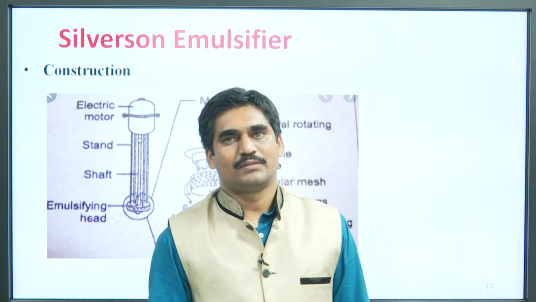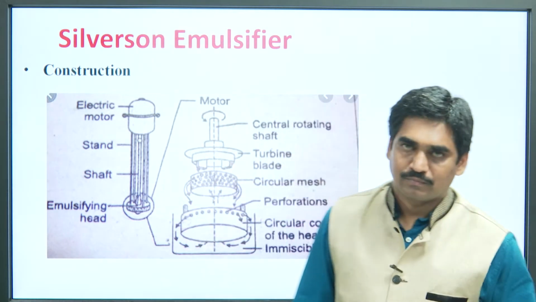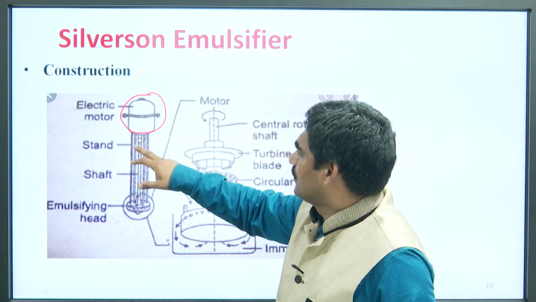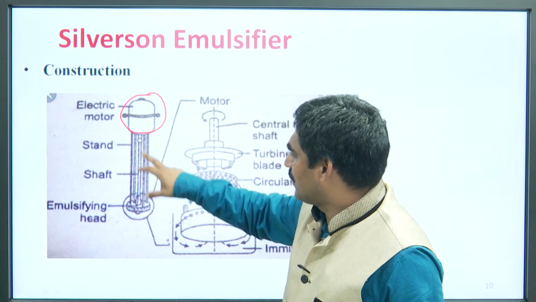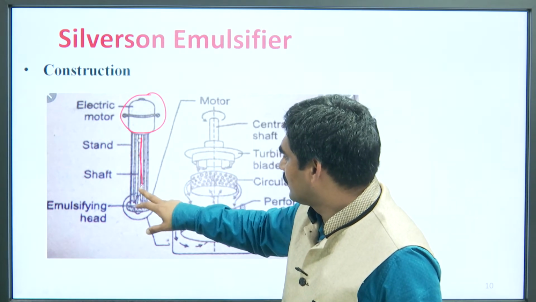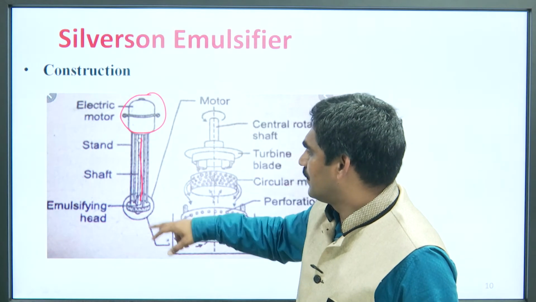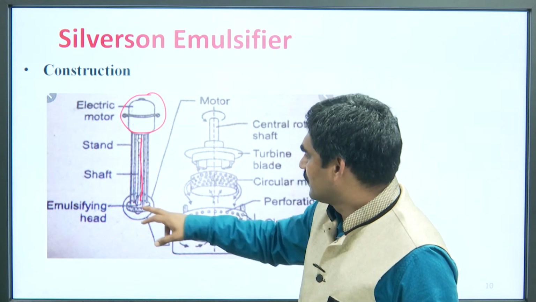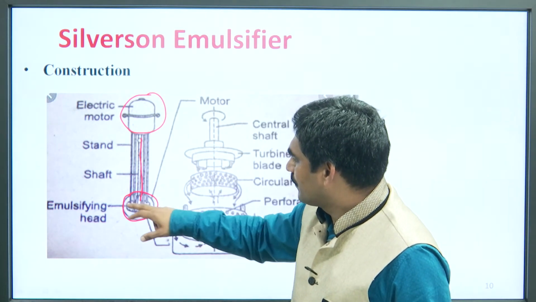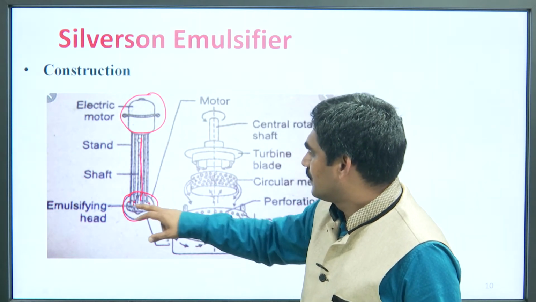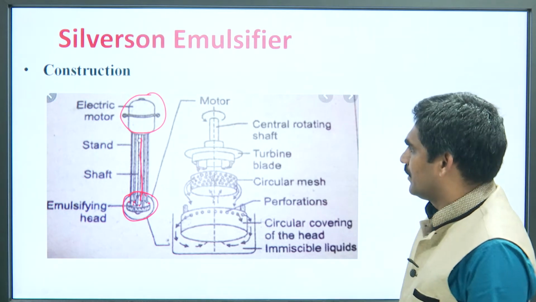We see in the diagram, this is the motor, these are the stands or shaft, and these are the different blades. This is the emulsifying head, and this head has perforations or mesh-like structures.